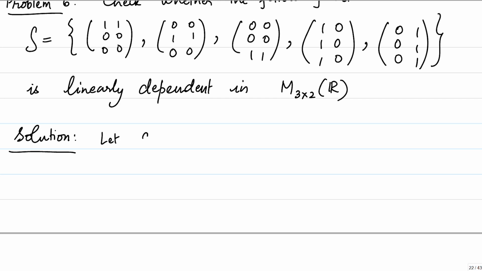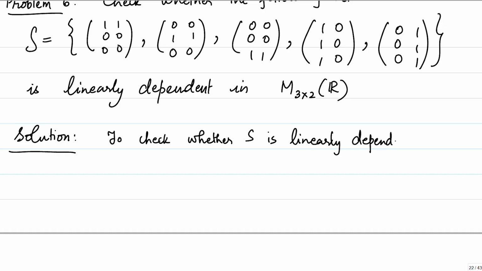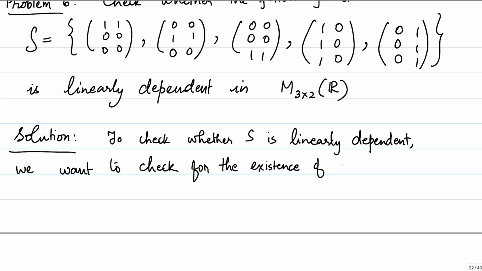We would like to check whether S is linearly dependent or independent. Either way, we want to check for the existence of scalars A1, A2, how many are there?